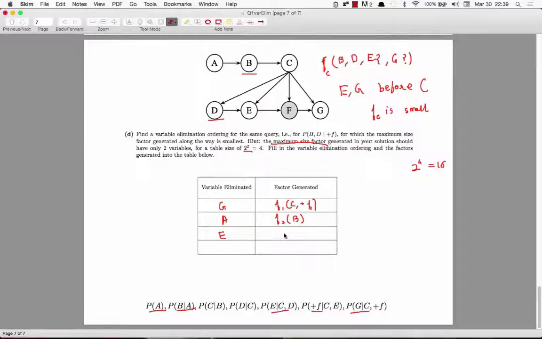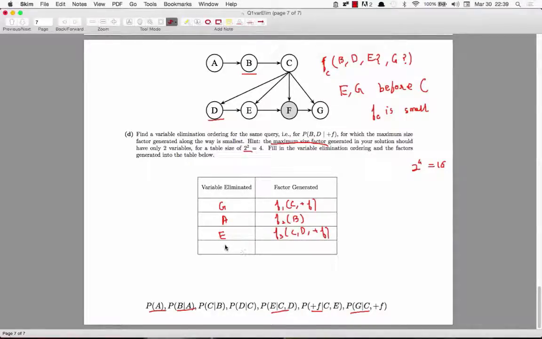And the factor that you get after eliminating E, let's call this F3, has the variables C, D, and the constant F. Notice that this does not add to the size of the factor as we saw in the last part, so it's fine if this is there.